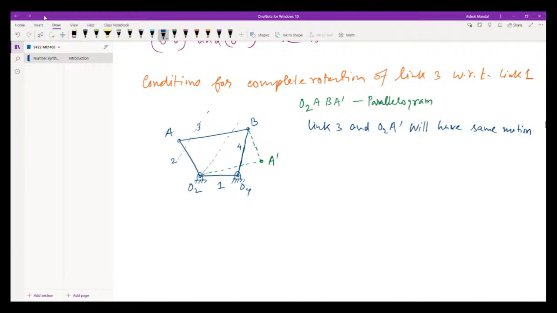That means if we can find out any condition for which O2A dash is making a complete rotation, the same condition will ensure that link 3 is making a complete rotation.